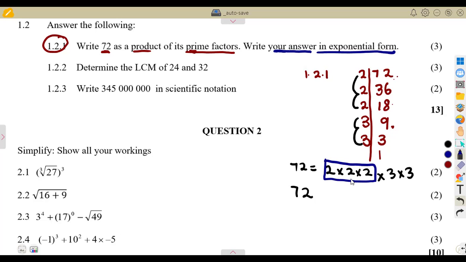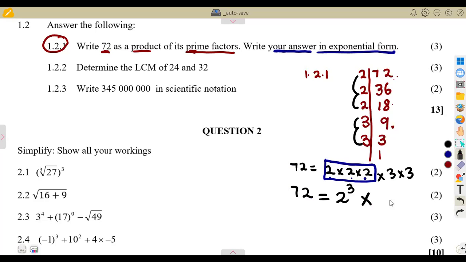Let's count 1, 2, 3. So it means 2 to the power of 3. The power is the number of times that number is multiplying itself.